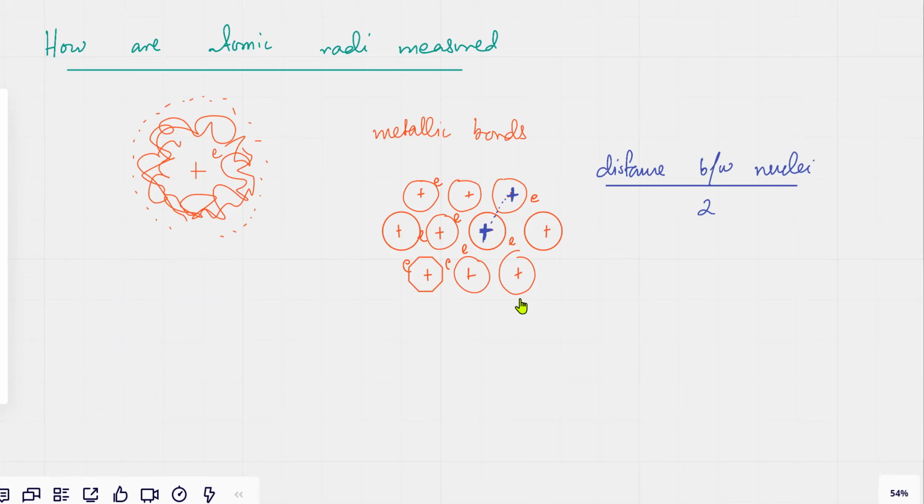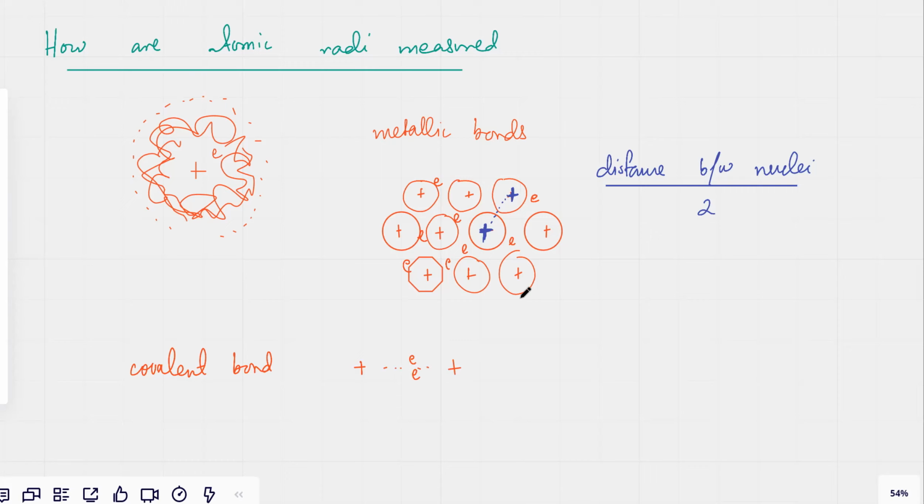In covalent bonding, you do pretty much the same thing. If an element is forming covalent bonds, like hydrogen, in an H2 molecule, there's one hydrogen bonded to another hydrogen, with 2 electrons being shared between them. Again, you measure the distance.